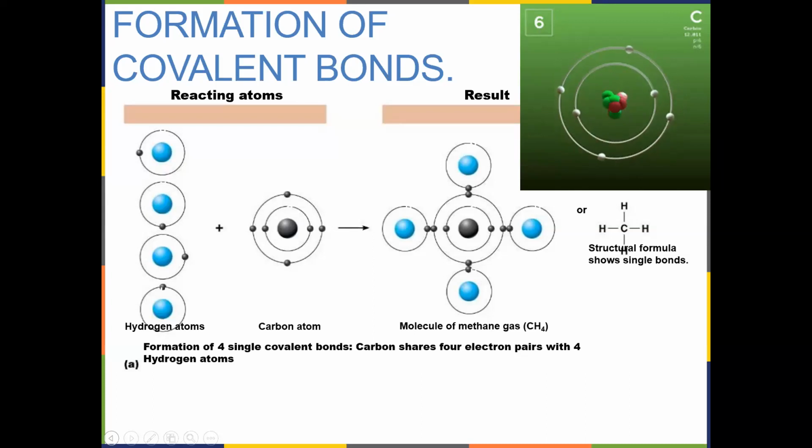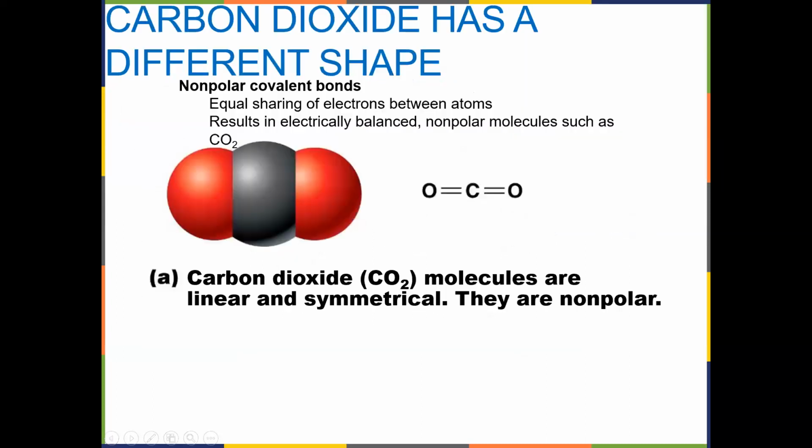So it's sort of like a, not quadrilateral, but it has 4 sides. Now, carbon dioxide is a little bit different. Carbon dioxide lines up in a straight line with an oxygen atom on either side of the carbon atom. Here we have equal sharing of the electrons. A carbon dioxide molecule is an electrically balanced molecule.